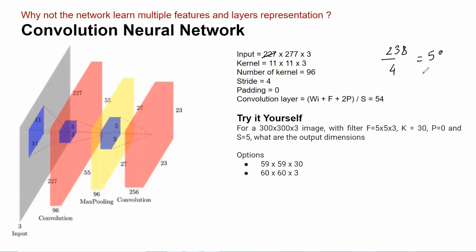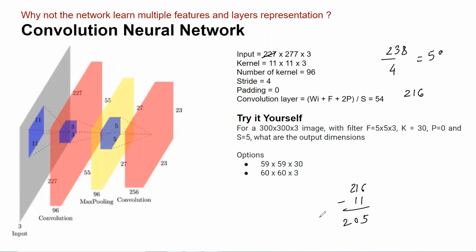It should be 216 if you divide, right? 54 into 4 is 216. So 216 minus 11 is 205.